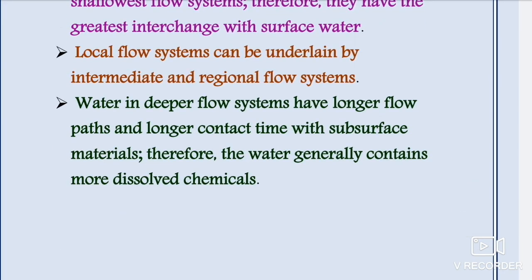Water in the deeper flow systems has longer flow paths and longer contact time with the subsurface material, so it generally contains more dissolved chemicals, sediments, salts and dissolved solids.